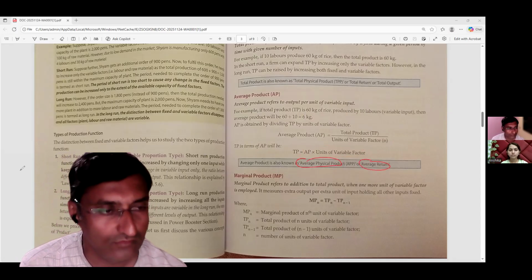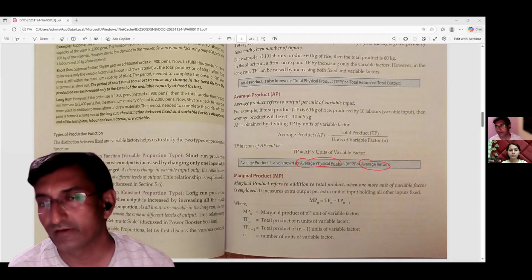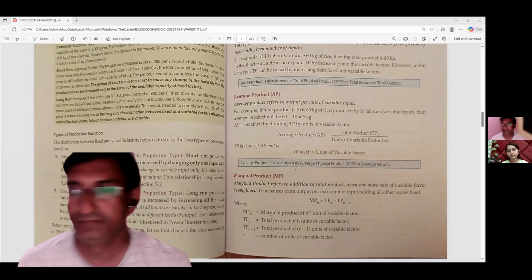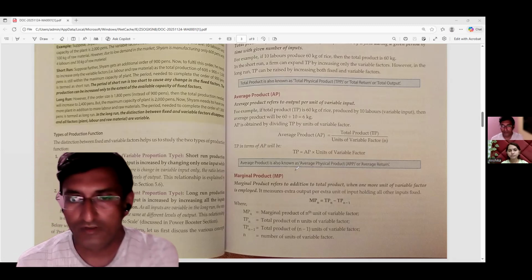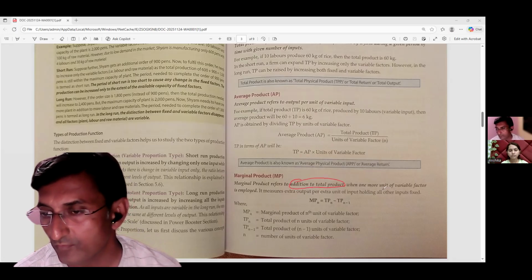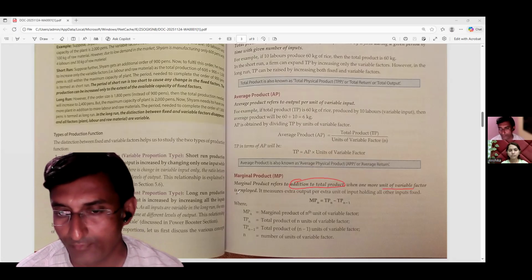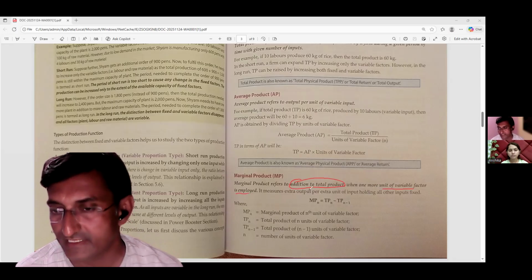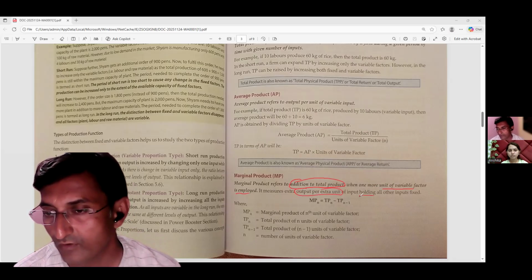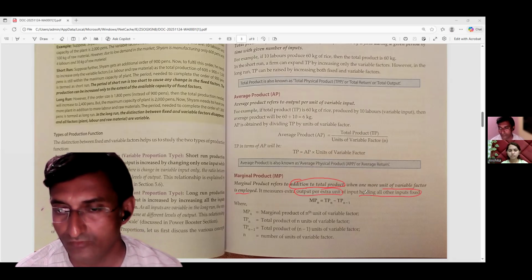Now, we'll discuss the marginal product. Marginal means what? Additional. We have studied this already in the earlier chapters. Marginal product refers to the addition to total product when one or more units of variable factor are employed. It measures the extra output per extra unit of input, holding all other inputs fixed.